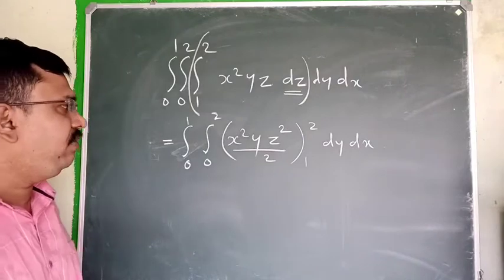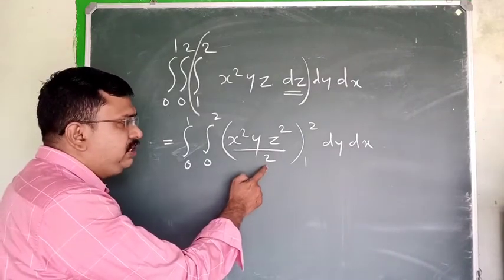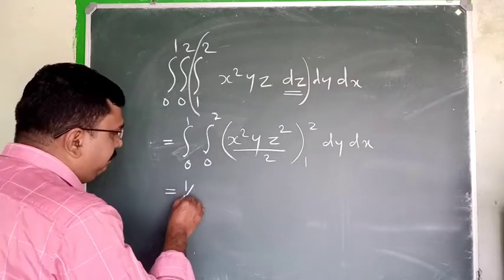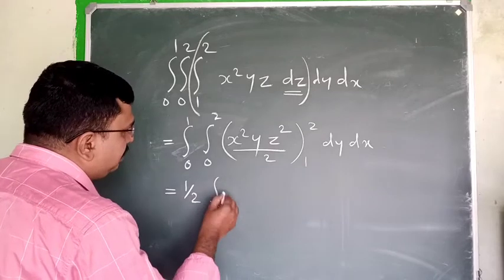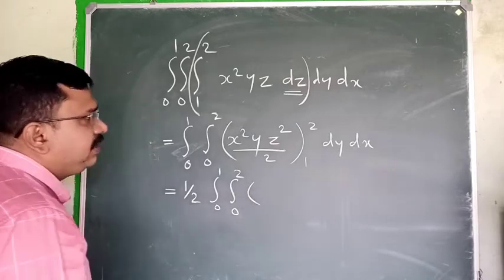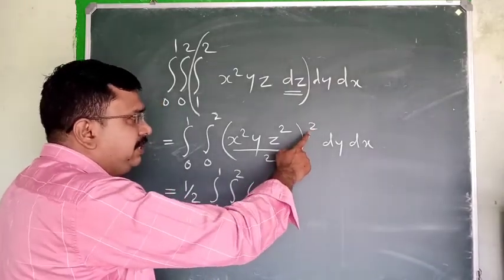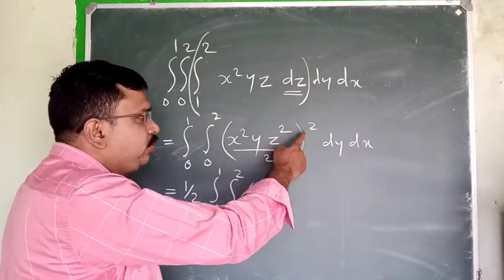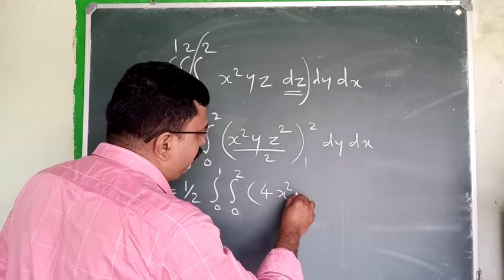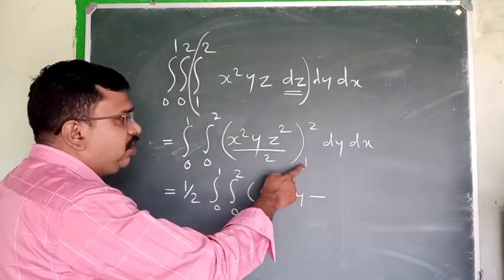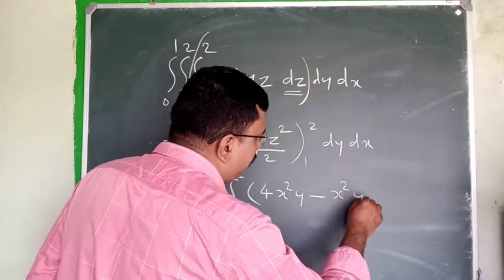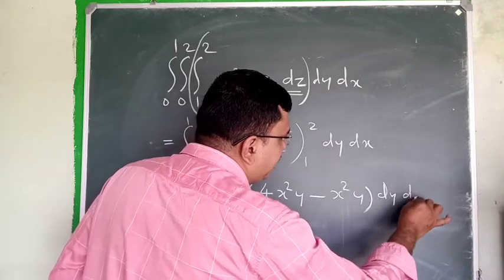Now 1 by 2 is a constant, so it can be taken outside. Then 1 by 2 into integral 0 to 1, integral 0 to 2. Applying the upper limit, z is replaced by 2, so it becomes 4 x square y, minus the lower limit, where z is replaced by 1, which becomes x square y, dy dx.